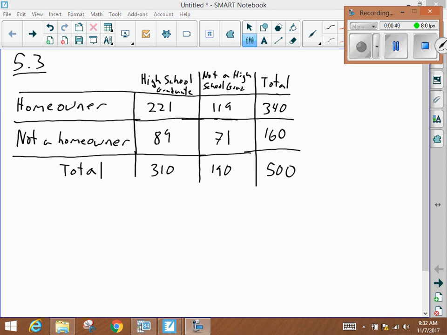So let's calculate a different probability. Let's figure out the probability of a person. Let's word it this way. If we know that a person owns a home, what is the probability the person is a high school graduate?